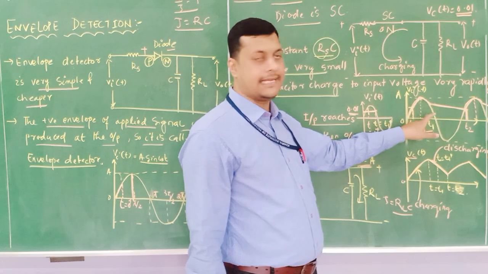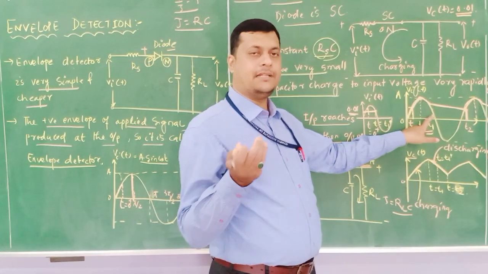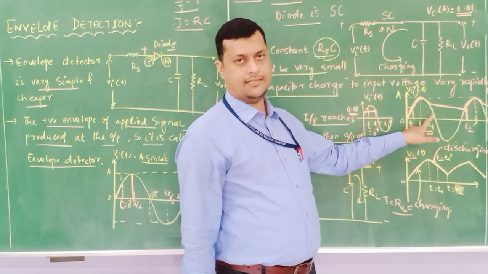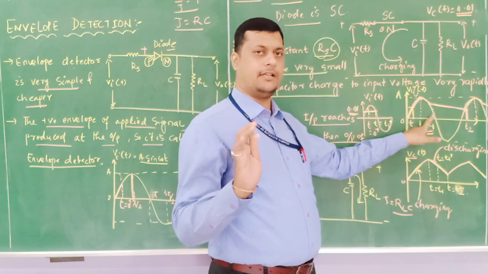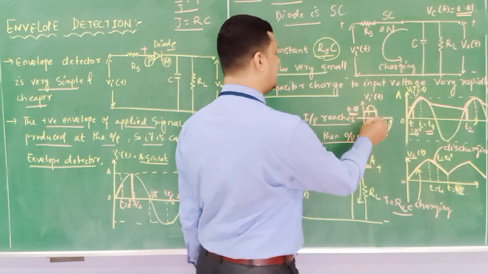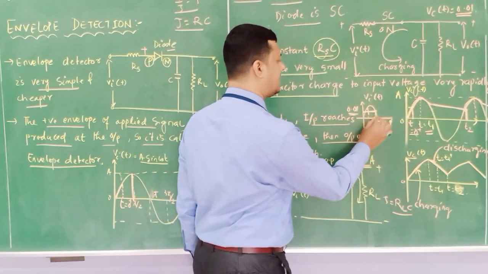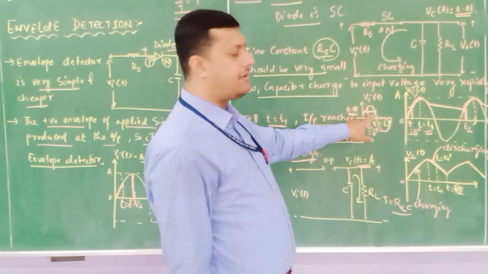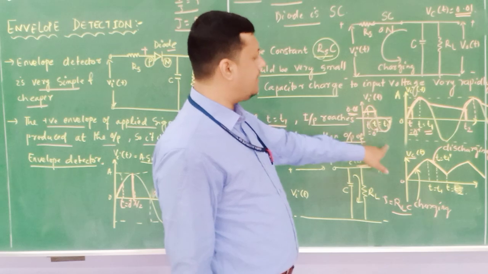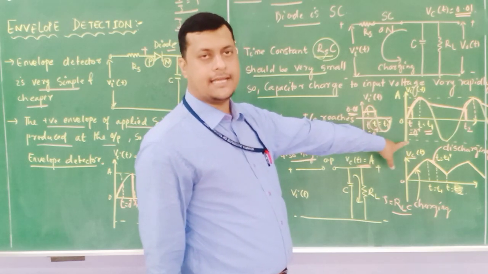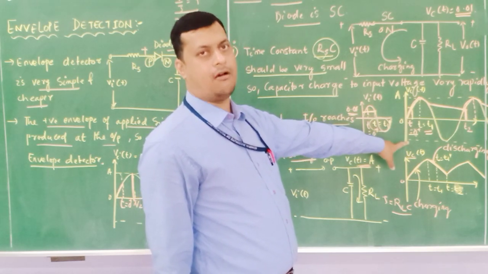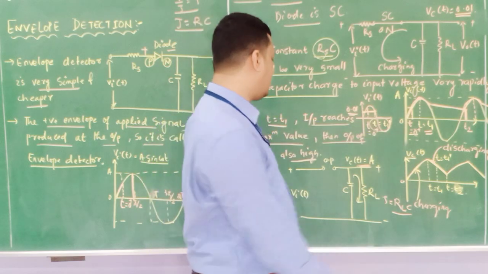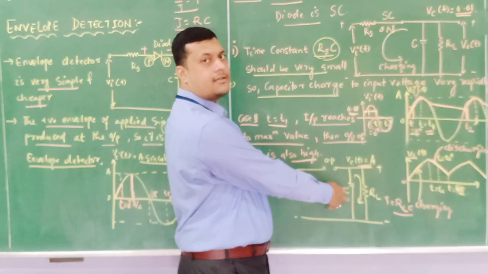But when it is decreasing, that means it will act in a reverse bias condition, but it will conduct up to a certain limitation. So that limitation is decided by this t equals t1 plus. After this, it will drive the negative cycle and your diode will become off. In that case, your RC will discharge your current.